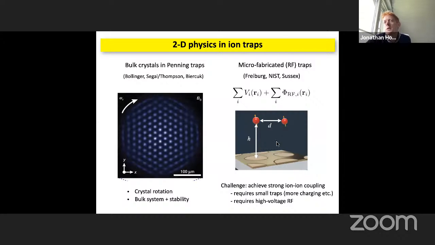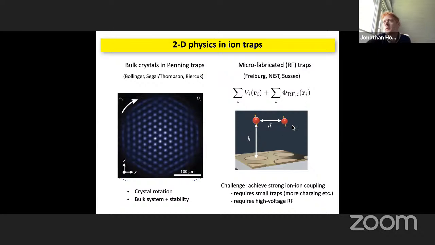What has opened up this possibility is the ability to fabricate microfabricated chips with structures where the distance is small enough that the repulsion between two ions can produce significant normal mode splitting, which allows the sort of quantum control that we do in ion traps today. So people are working on this now.